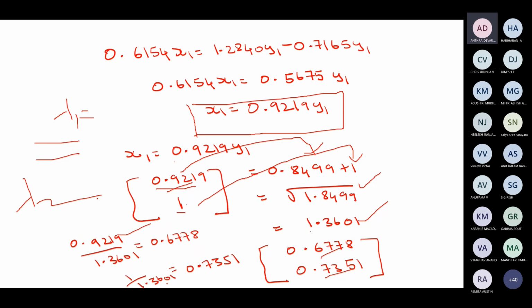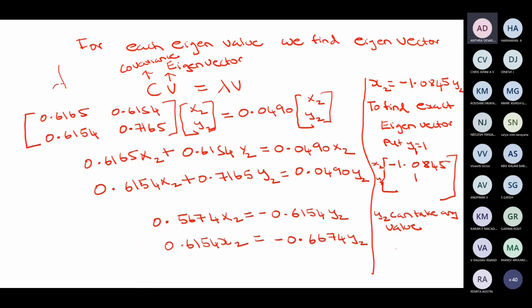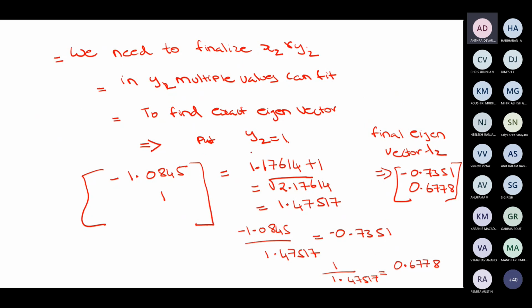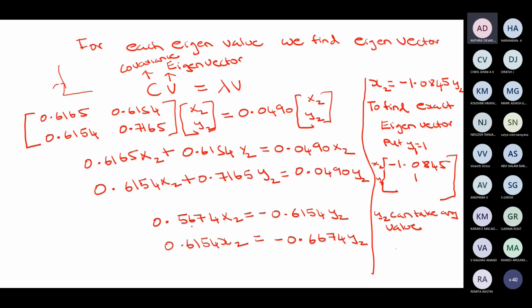For eigenvalue lambda 2, I get this particular equation. When I take this over here, I get x2 equal to this. Very simple, no rocket science at all, basic 6th, 7th grade math, and I have solved it step by step also.